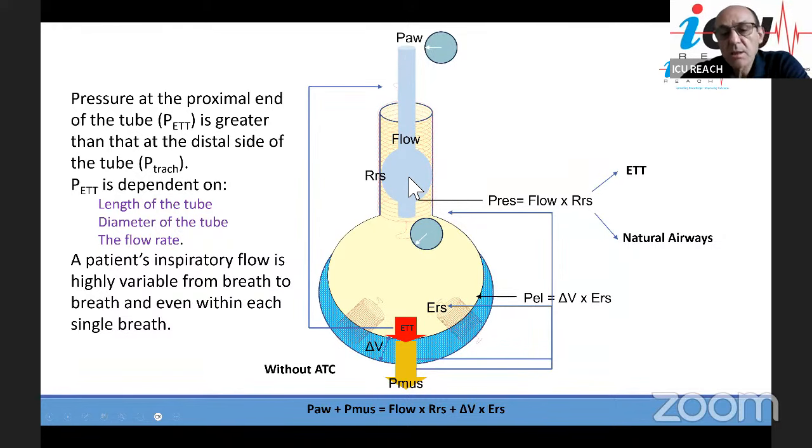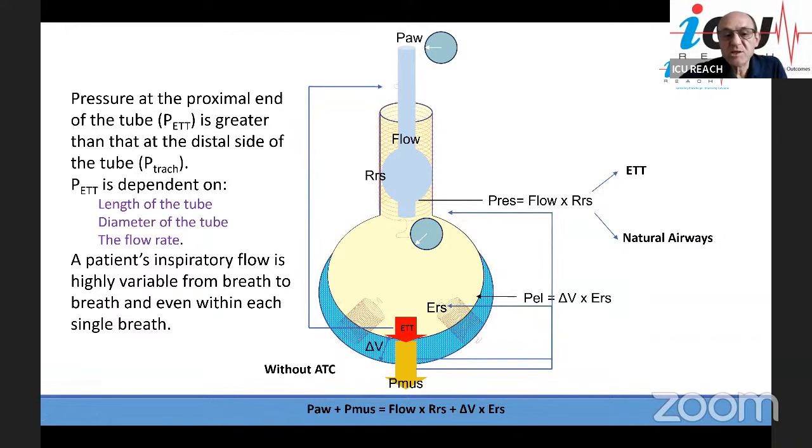So there are three parameters for the resistive load: what type of tube we're using and how much flow we're moving through the tube. And the drop in the pressure between this point and this point here represents the pressure required to overcome this resistive load that we have.